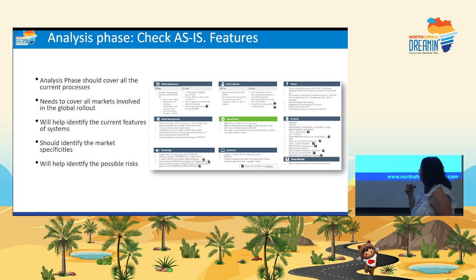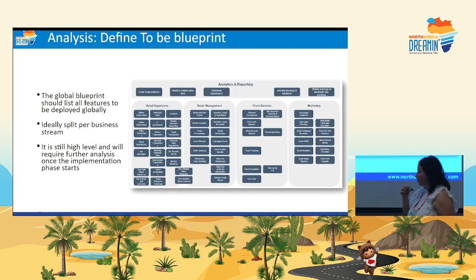So then the next one is, once you have all this information, a ton of information, you take the time, you read through it, and you try to find what the blueprint should be, okay? The blueprint should be defining all the features per stream, per business stream, or per process that you are going to be covering. It's still high level, right?